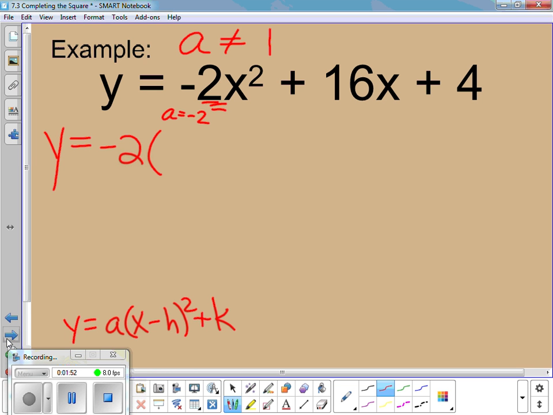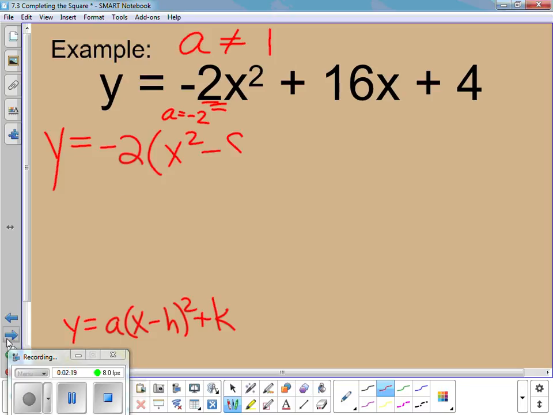So here's what we do. We're going to separate the -2 and the x squared with a set of parentheses like that. Then we're going to divide the 16, positive 16, by -2. That's going to be the new coefficient in front of x. So what is 16 divided by -2?